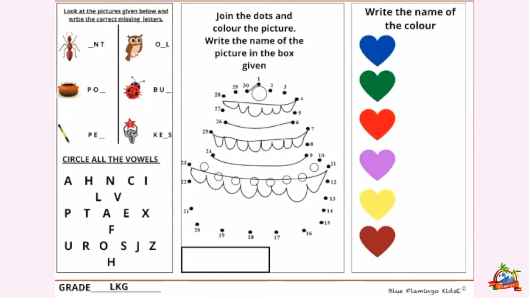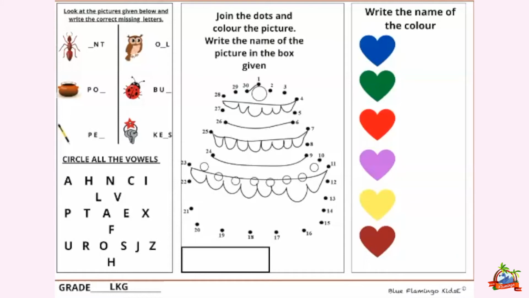N for nose. O for owl. P for parrot. Q for queen. R for rabbit. S for sun.